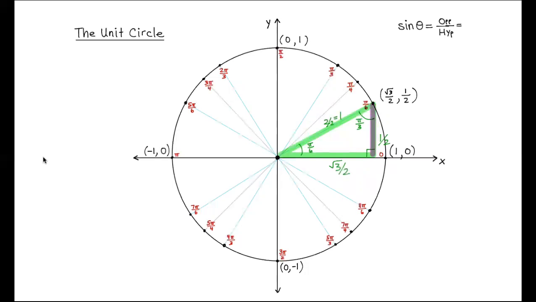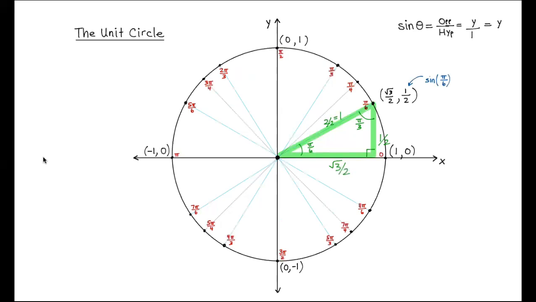So I'm going to put in y for my opposite side, and my hypotenuse side, remember this side we said is always 1. So in this case, it's y over 1. And so you can see there that sine of theta is actually just equal to y. So this y coordinate here is the sine of that angle, sine of pi over 6.